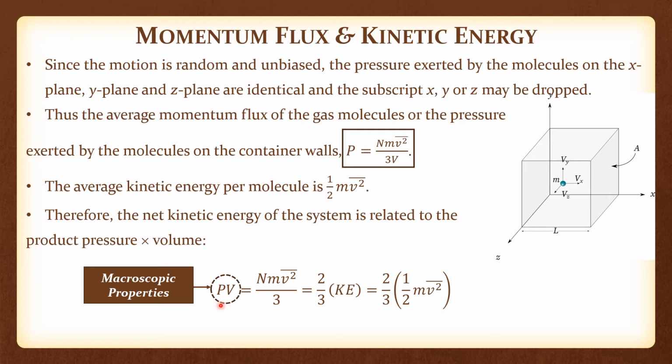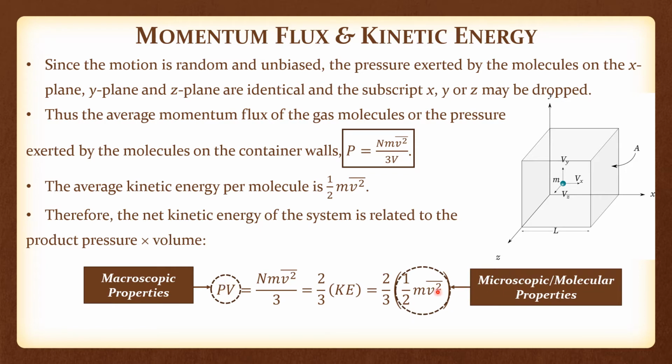We have essentially related some macroscopic system properties to the mass of a molecule, and the v square bar, which is the mean square velocity of a molecule. These are molecular properties. So basically the macroscopic properties have been related to molecular properties. This is of particular importance.